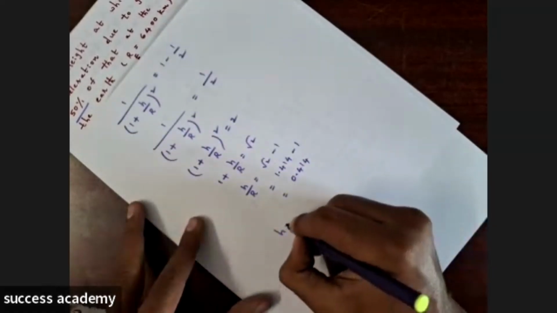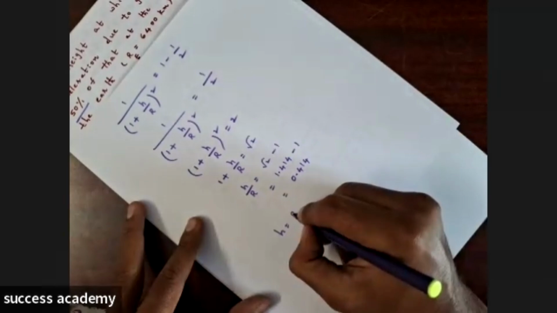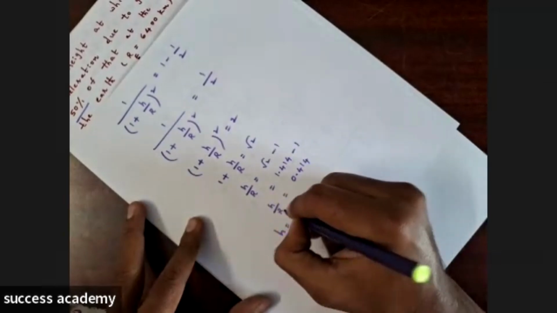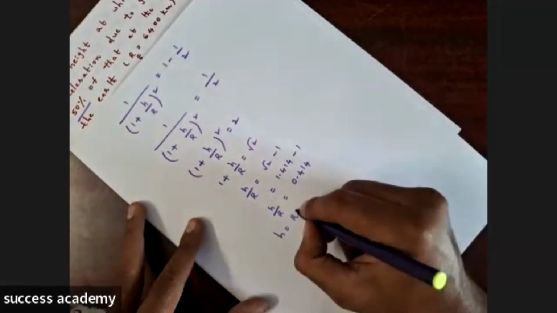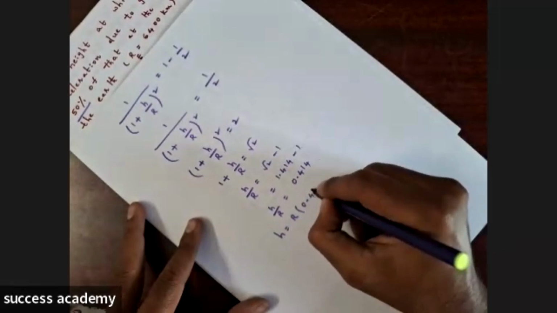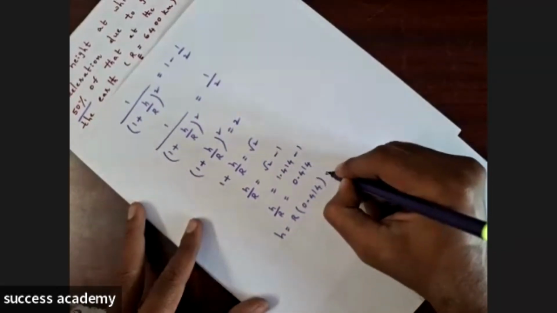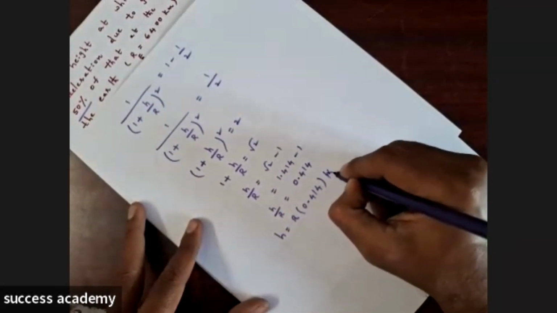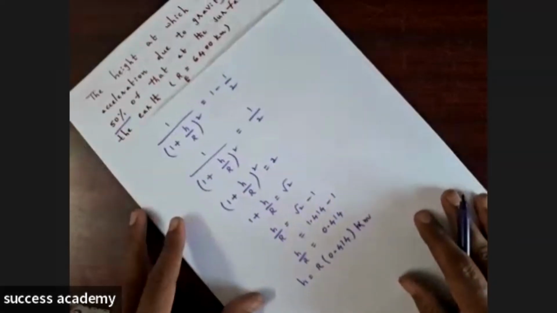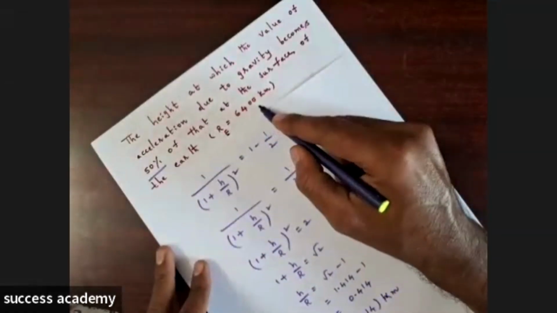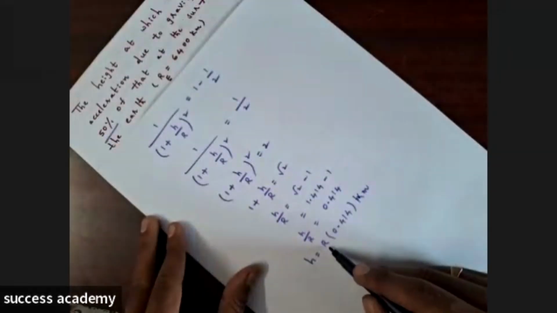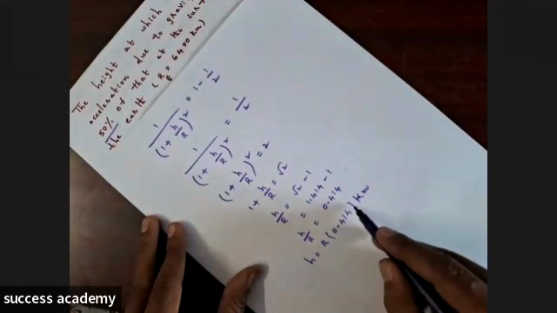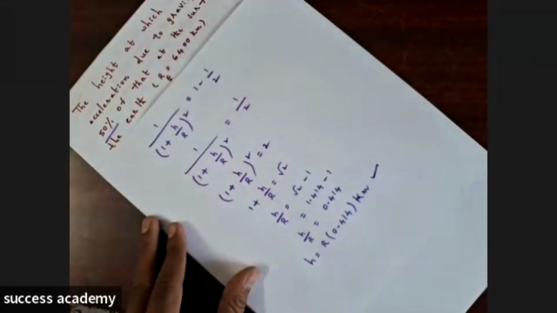Now h is equal to R into 0.414 kilometers, because the radius of the earth is given in the problem as 6400. If you multiply 6400 with 0.414, then you will get the answer.